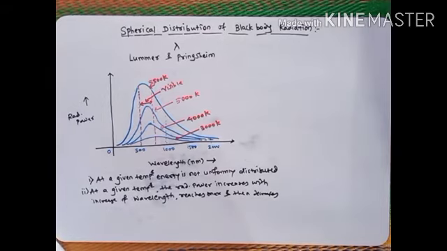That means at a given temperature energy is not uniformly distributed, and at a given temperature the radiant power increases with increase in wavelength and reaches a maximum and then decreases.